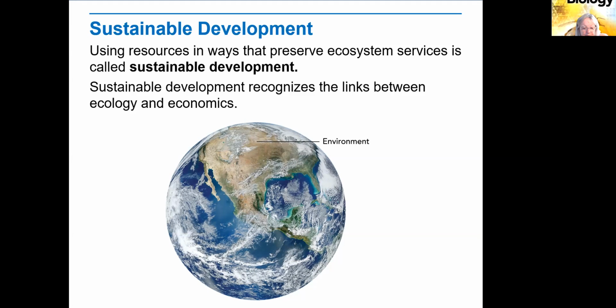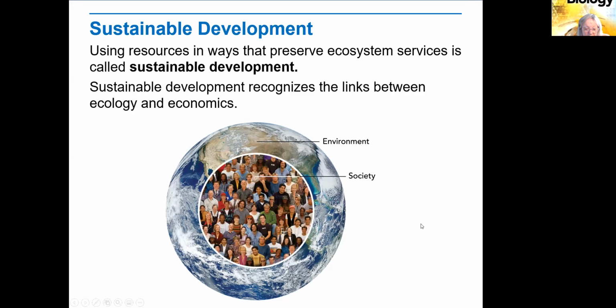Alrighty. Sustainable development can be thought of as 3 nested spheres. This represents the environment, Earth's life support system. And this represents society and the people. And then this one represents the economy.